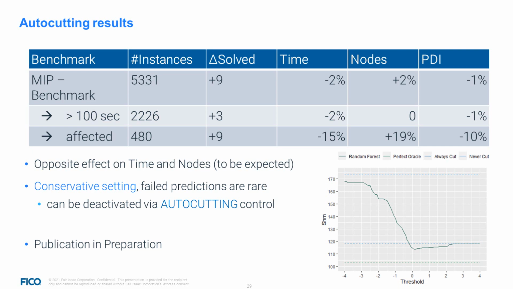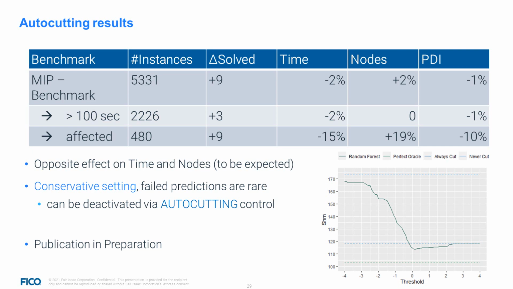The dashed lines in the plot represent from top to bottom the three strategies: never cut, which always chooses to not cut for each input problem, always cut, which always chooses to cut, and perfect oracle, the optimal strategy that for each problem always discriminates correctly between the two alternatives, hence representing the best choice that we can achieve. And the continuous curve instead corresponds to our learned random forest.